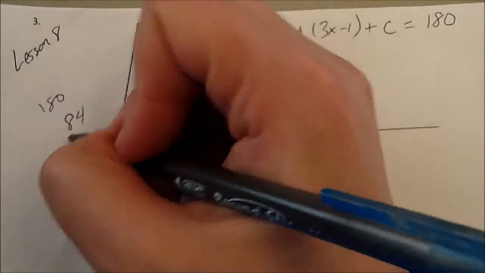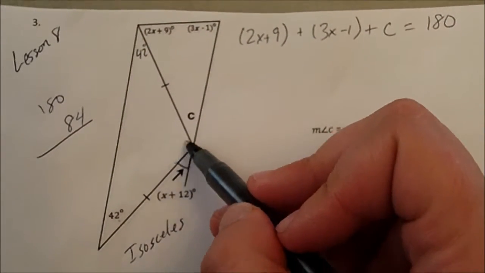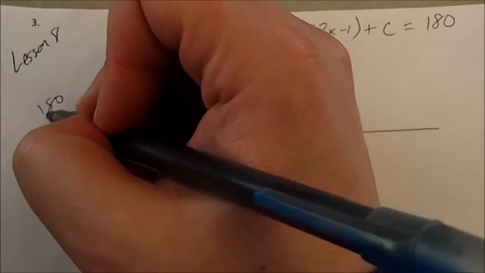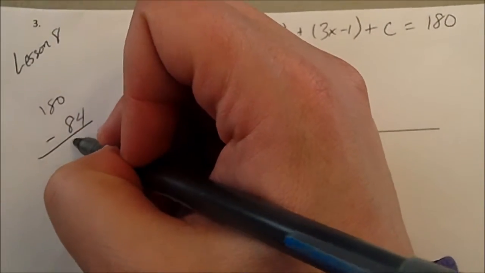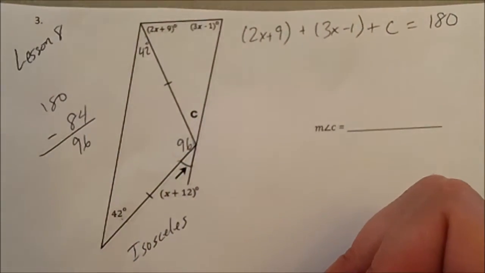And again, with internal angles of a triangle, we end up being able to find this angle. So 180 minus 84 is equal to 96. So we have this angle as 96 degrees.